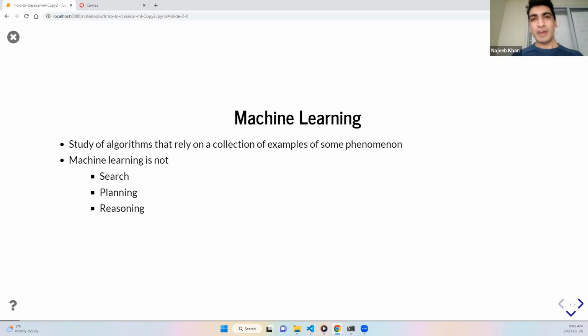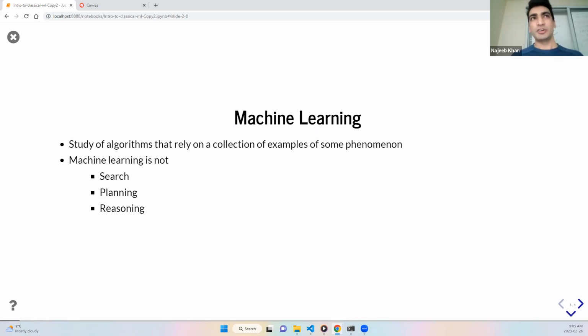If you have a problem where there is no set of logical rules that you can apply, for example image classification of cats and dogs, there are no logical rules like, if the color is red or black, it's a cat, and if white, it's a dog. Those kinds of rules don't apply. You just have to provide the algorithm with a bunch of examples to learn from.